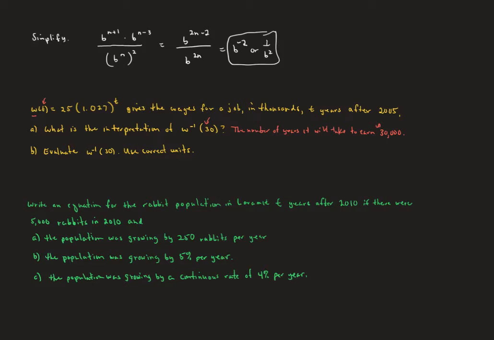Now, to find W inverse of 30, we take the 30 as an input value for the inverse, which means it'll be an output value for W of t. So this is what we're looking at.